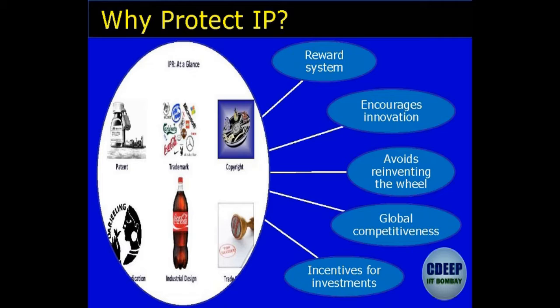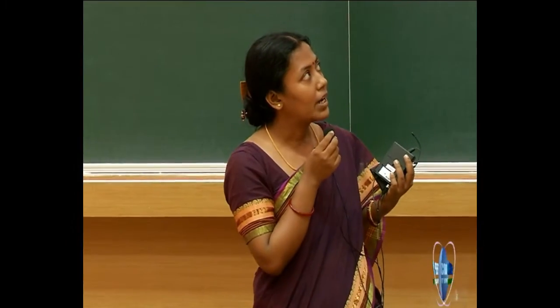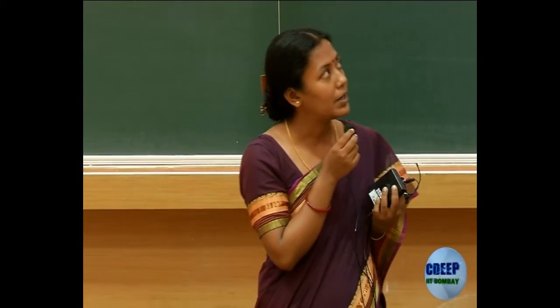There is always a chance of my invention being stolen or copied, because anyone can copy it from the public disclosure, and I have no right to stop them unless I protect it. And when I get the protection, I have the monopolistic right to exclude others from making, selling or using my IP without my authorization. So that is a reward system I can get by protecting my IP.